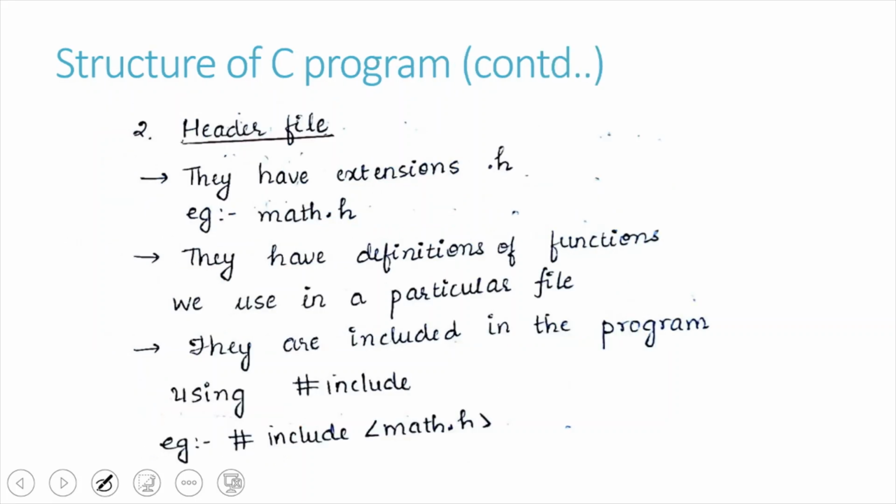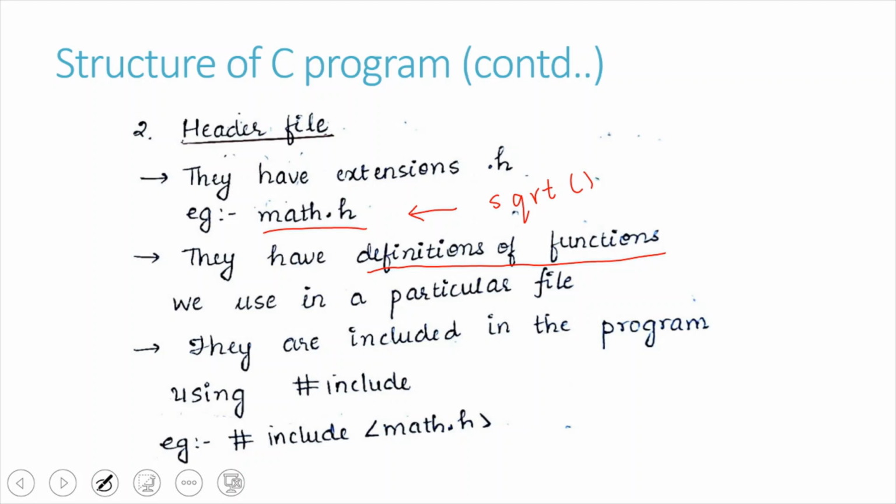Next we have the header file. Header files, as I told earlier, consist of definitions of functions that we use inside a particular file. For example, we have a header file called math.h. This consists of functions like square root, etc. And the definition of the square root is given inside this math.h.